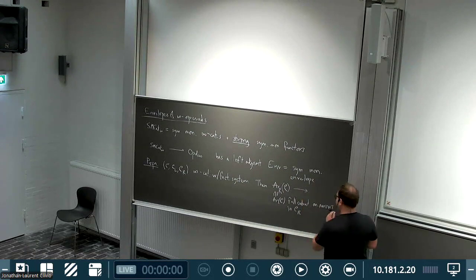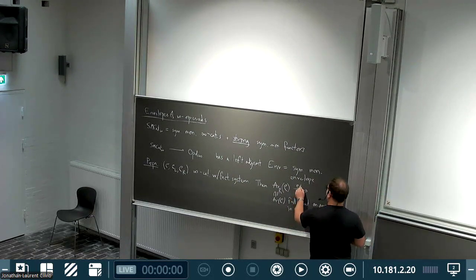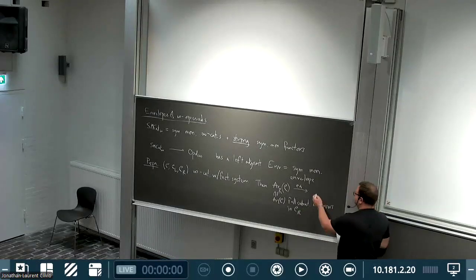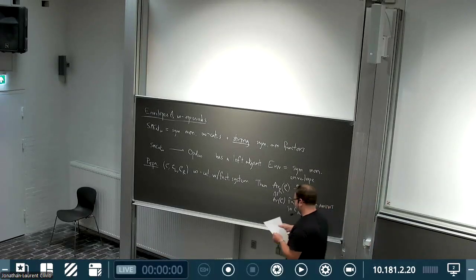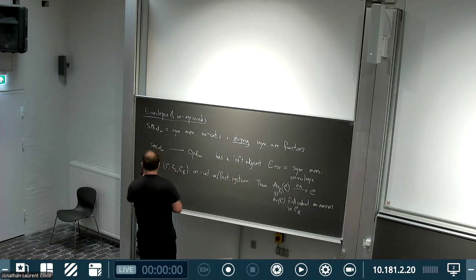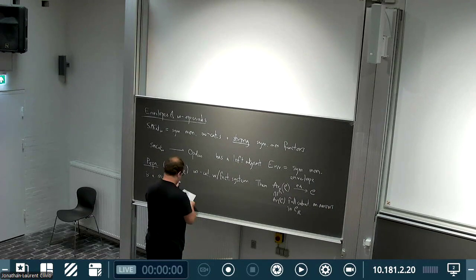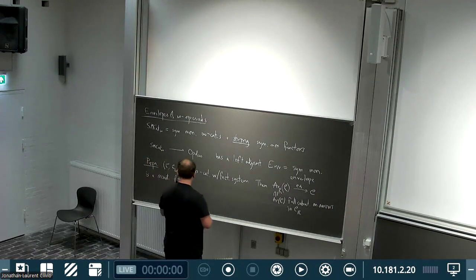And what I want to say is that if I look at the evaluation at one functor, which takes every arrow to its target, this is a Cartesian fibration.